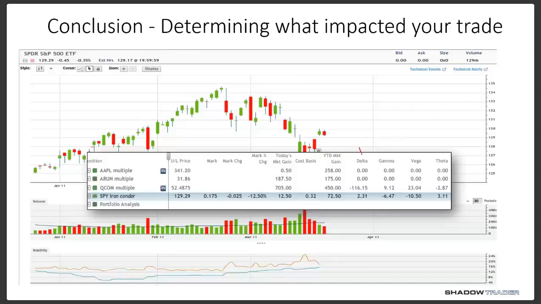You can say I've got delta, I've got gamma, and I've got Vega and theta to be used. 2.31 positive delta, a negative 6.47 gamma, which means that as the equity moves, this is the amount that is going to be changed in delta. Vega, how fast, how slow am I moving on this one?